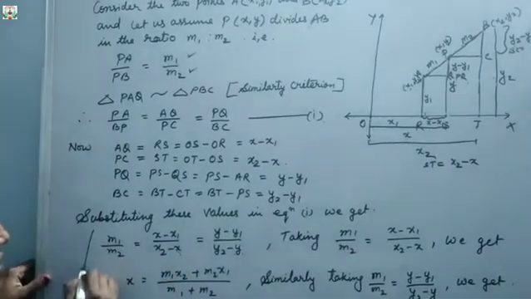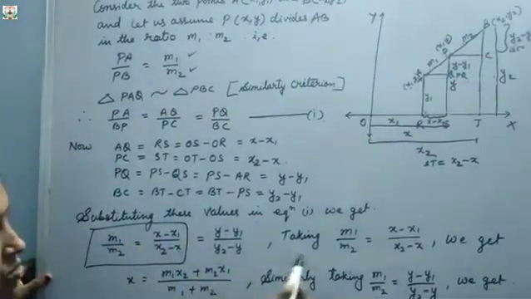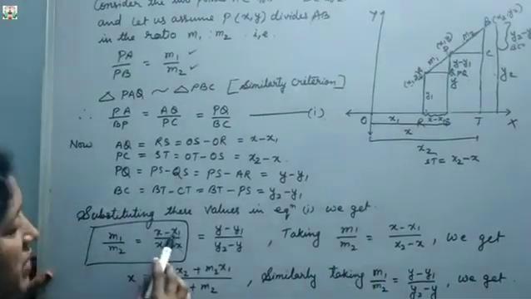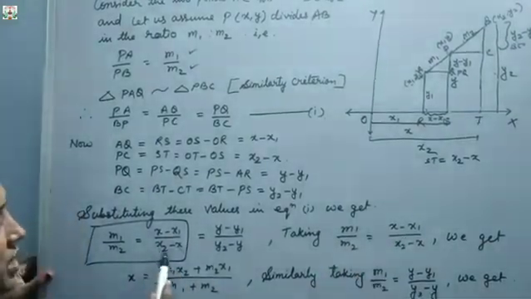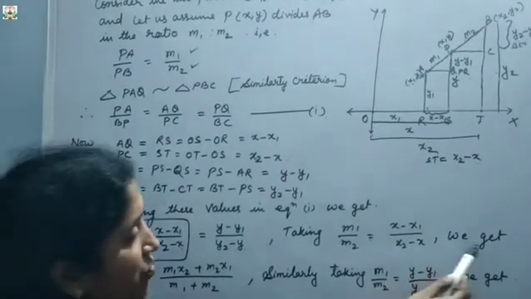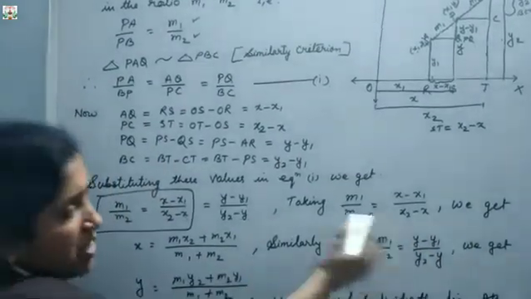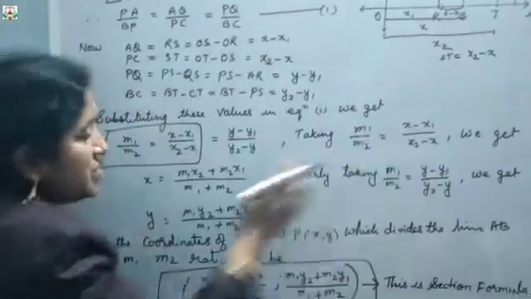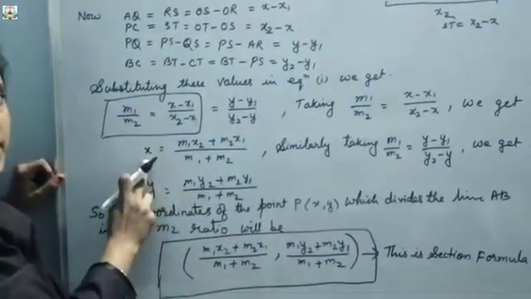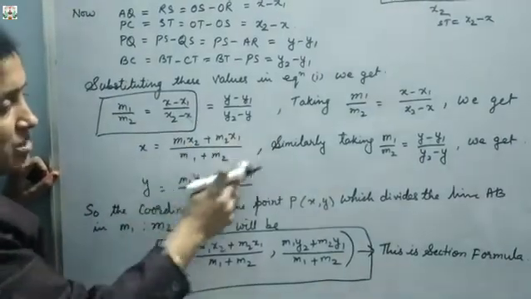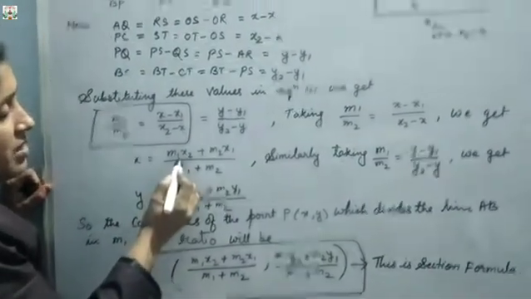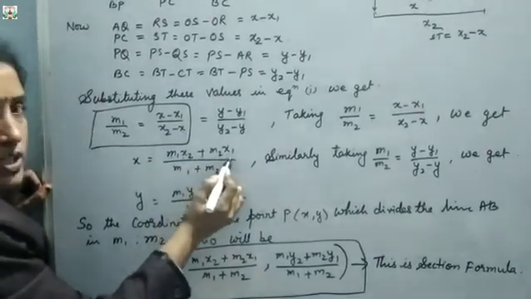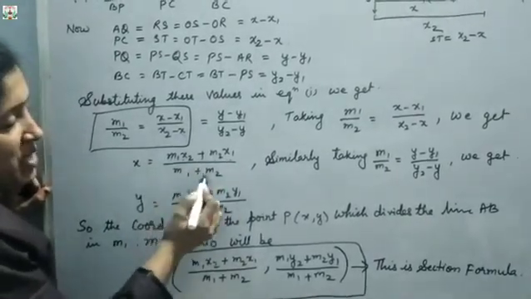Now taking only this part first, m1 upon m2 equals x minus x1 upon x2 minus x. Cross multiplication and simplification, taking x as common, you will get x equals m1 into x2 plus m2 into x1 upon m1 plus m2.